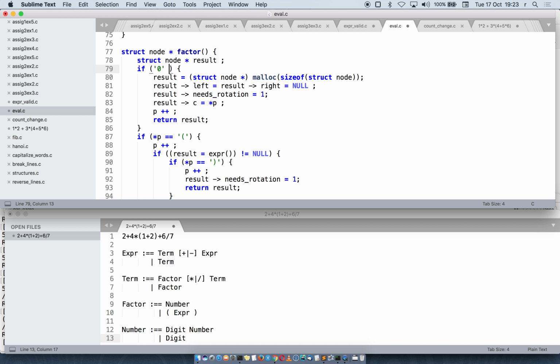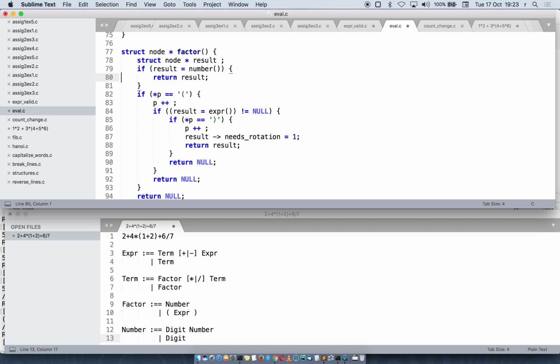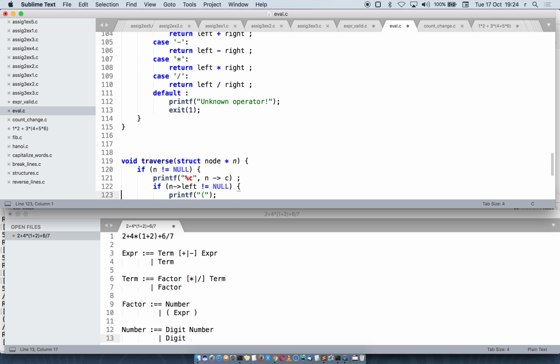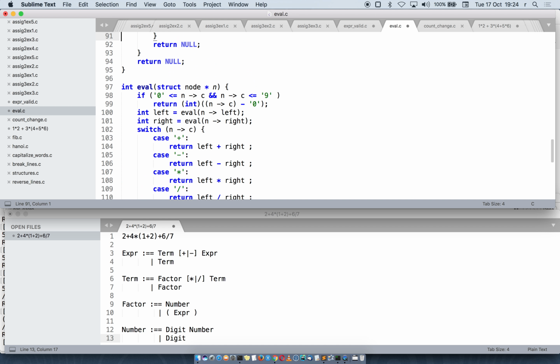So we would like to have result equals number, right? Then return result. So if we can get a number, then we get a number. Otherwise, we return null.